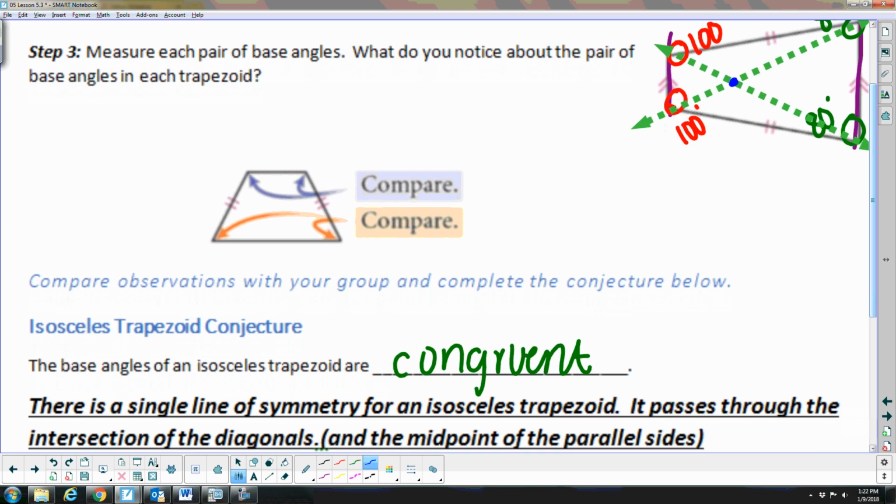And if you compare their lengths with a ruler, you're going to find that those two sides are congruent. And you're going to find that those two sides are congruent.